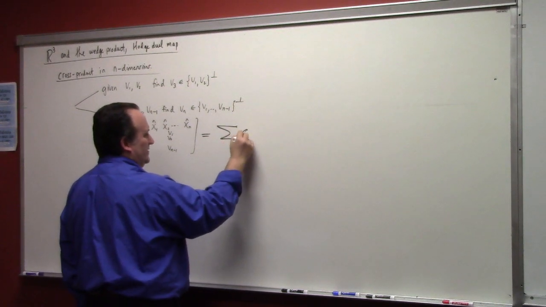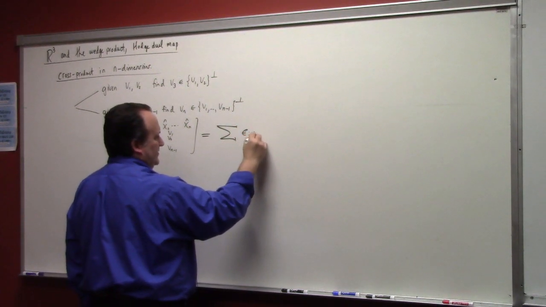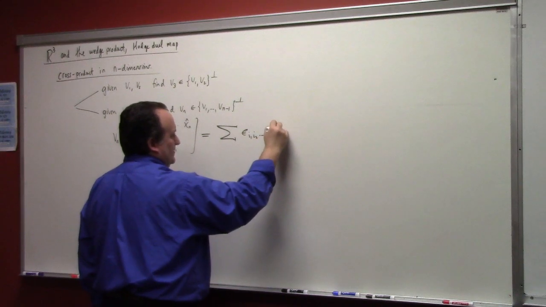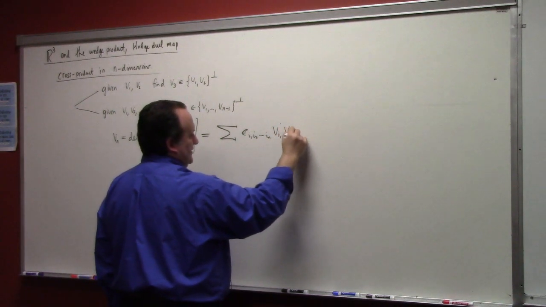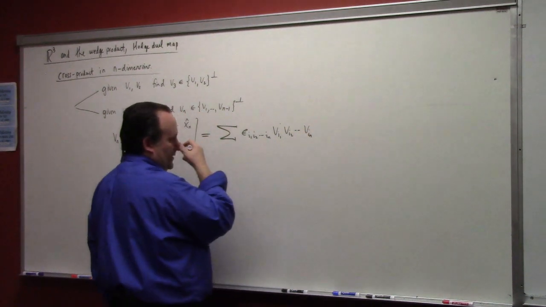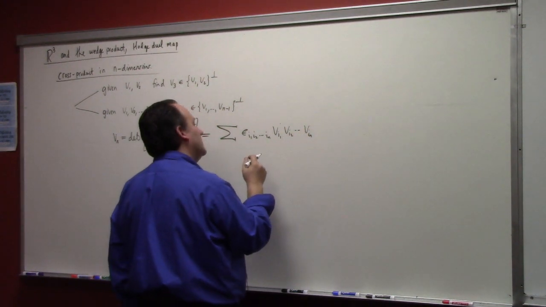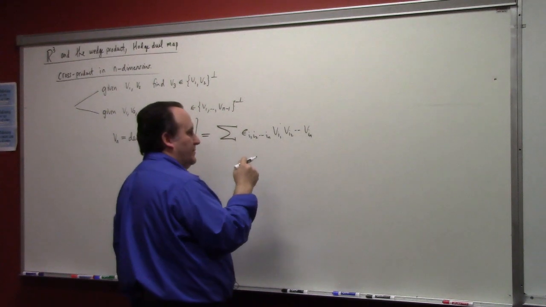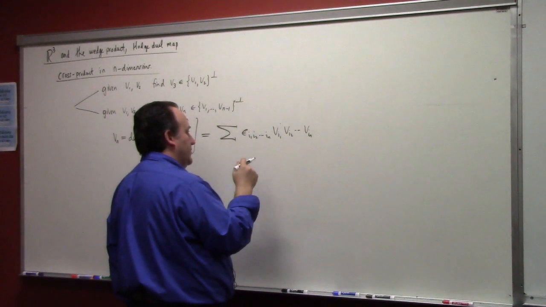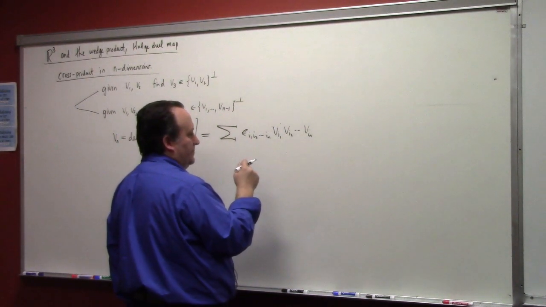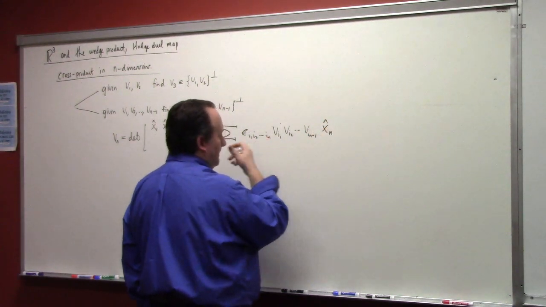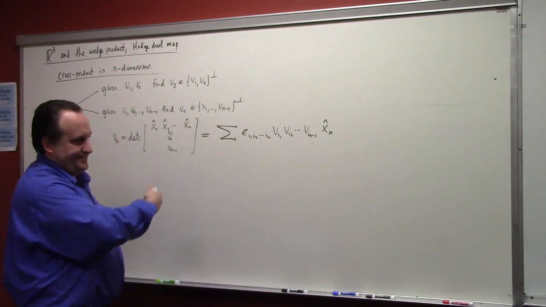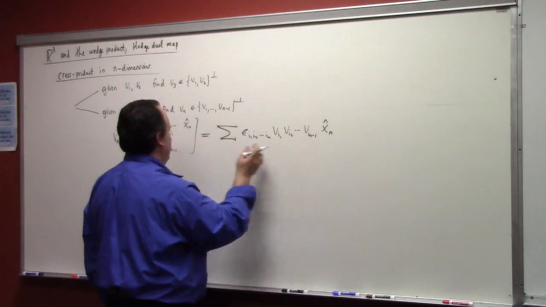Here's a well-defined formula: I1, I2, through IN, V sub I1, V sub I2, through V sub IN. My bad. Minus 1, x hat sub n. There you go. This is just that formula.